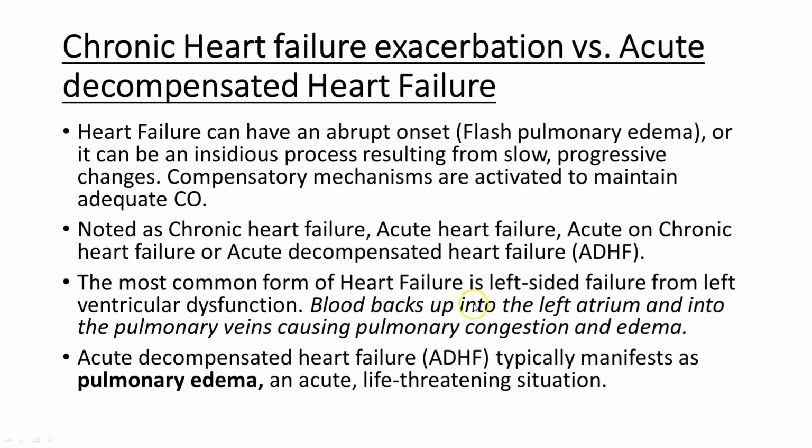We've got to figure out what the underlying cause is and treat it, because once we get to acute decompensated, it's harder for us to control those compensatory mechanisms, and they're going to end up with a flash pulmonary edema, which if you do not recognize right away is going to be a life-threatening situation. I've had this, and the client went from satting 98 to 68 in a matter of seconds.